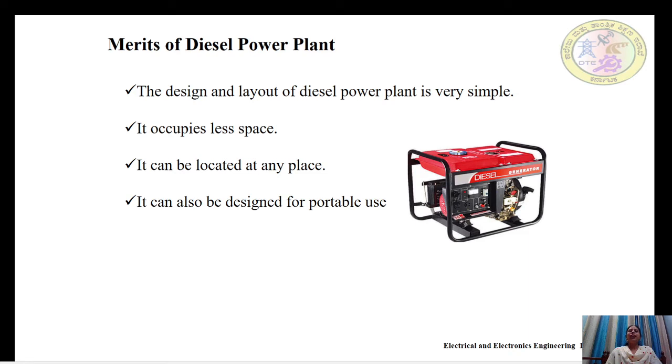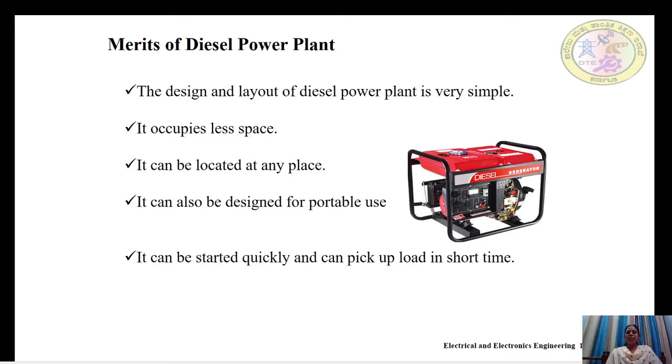We get diesel generators in small capacities also. Portable use means it can be used in many cases, in hospitals, industries, or wherever we need supply in case of supply failures.